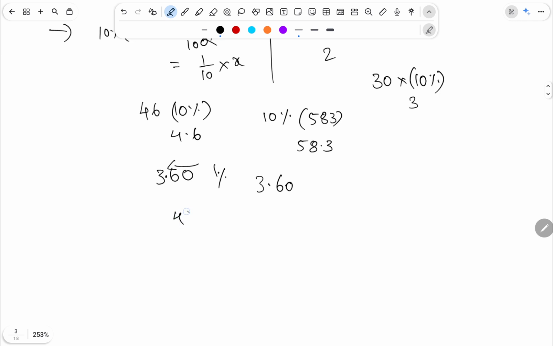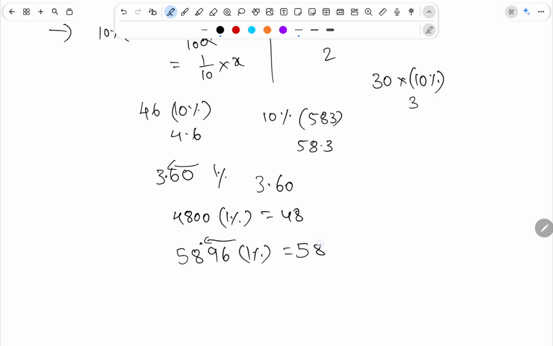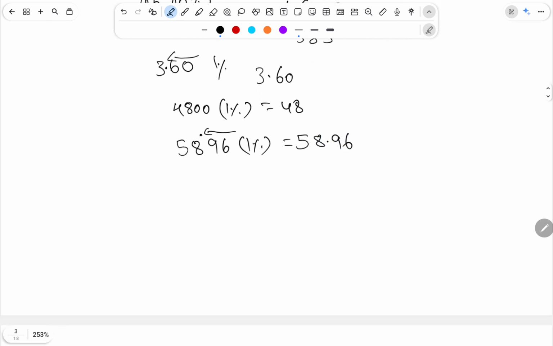Suppose 4,800. 1% of that means 48, 2 digits. 5896. 1% of this, from the right hand side 2 digits, means 58.96. Now once we can calculate 1% or 10%, we are able to calculate 2%, 3%, or 20%, 30%.